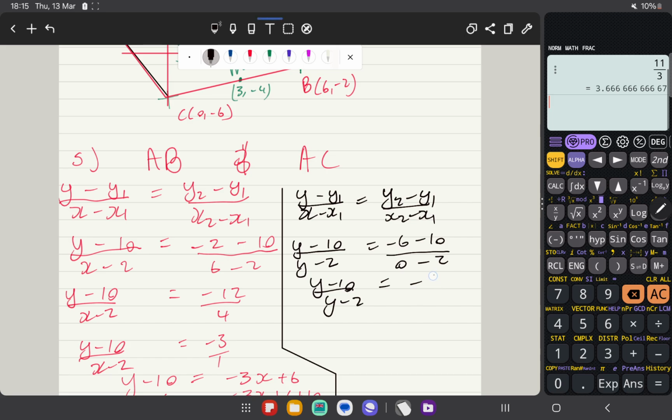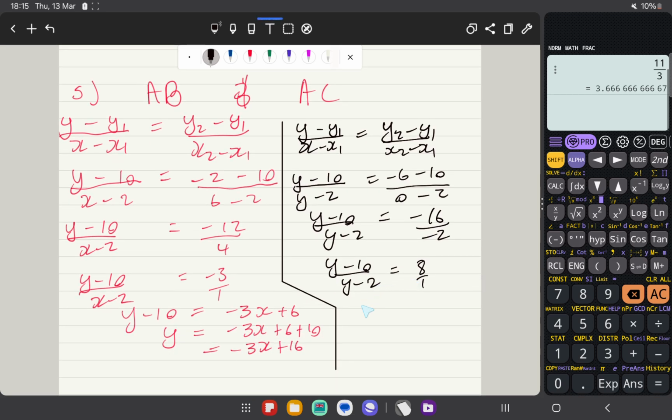That is minus 16 over minus 2, which is 8. And now cross multiplication.